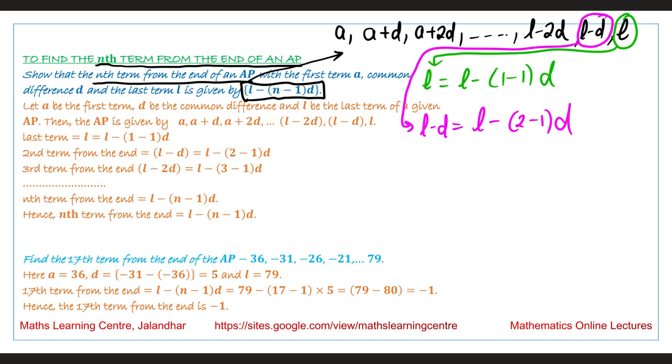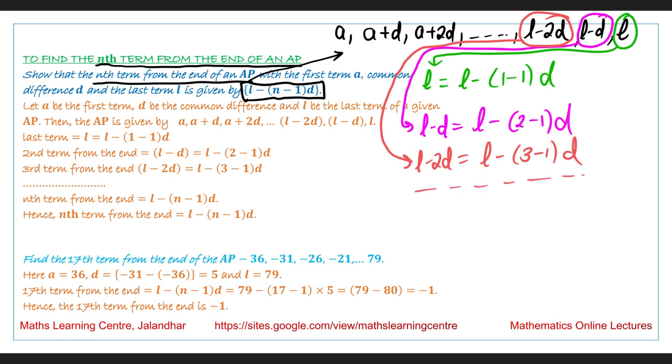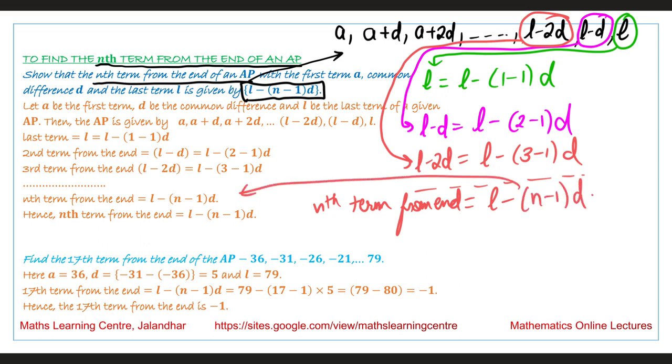The third term from the end is l minus 2d, which is equal to l minus (3 minus 1)d. If we continue in this way, the nth term from the end will be given by the formula l minus (n minus 1)d. So the nth term from the end is given by this formula.